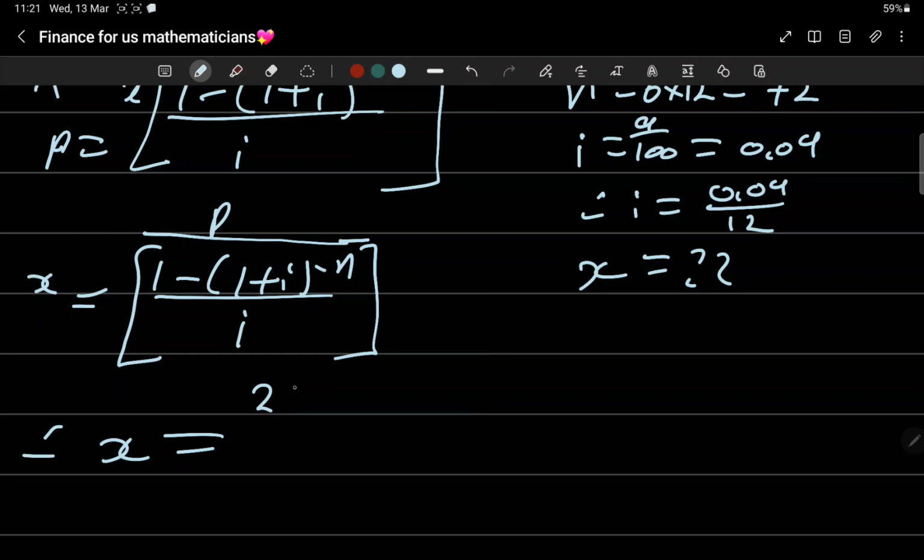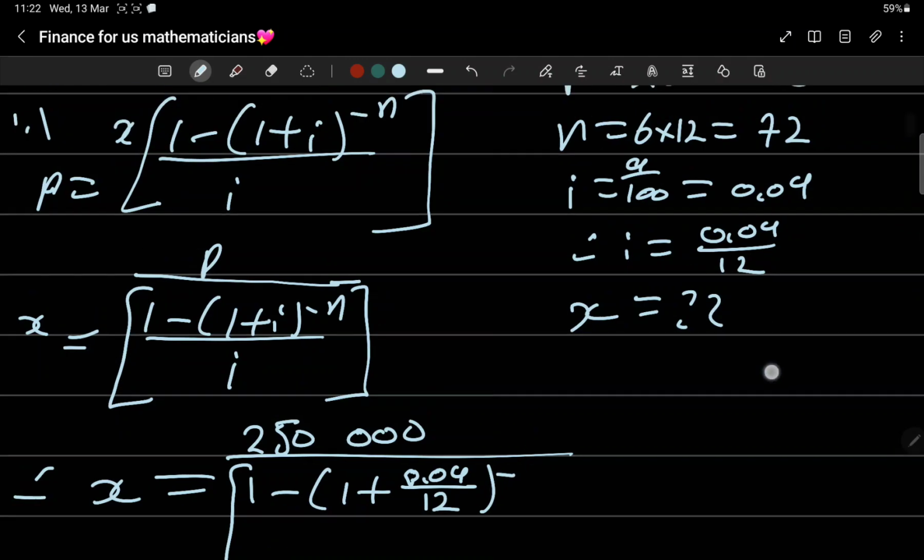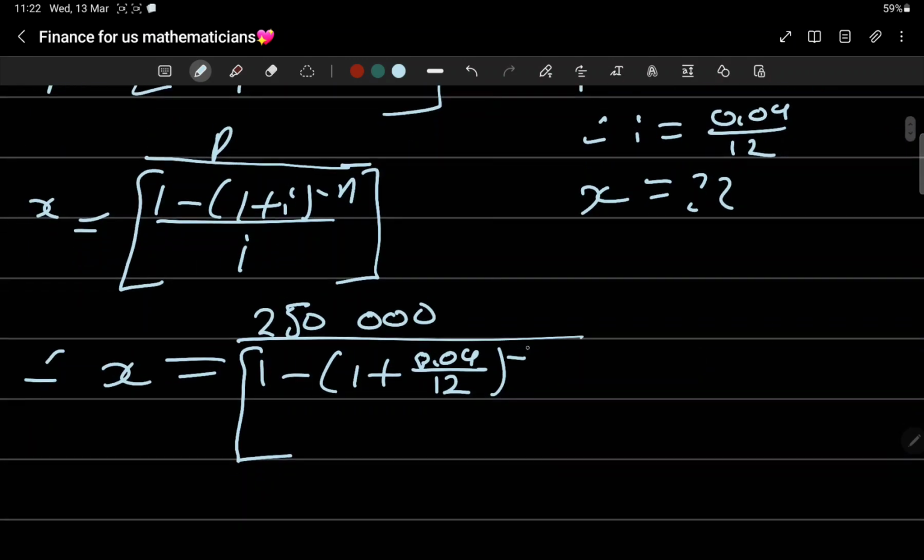So therefore x equals P, 250,000, over the bracket 1 minus (1 plus 0.09 over 12) to the negative 72, over 0.09 over 12.